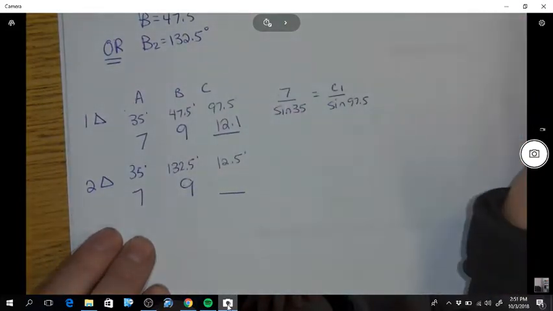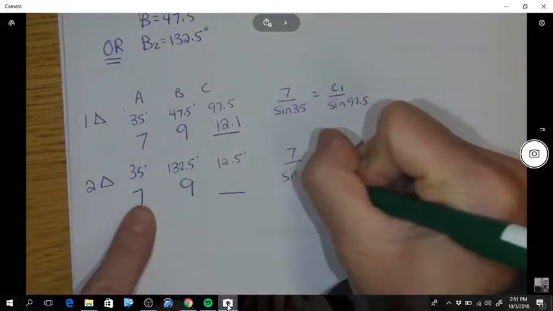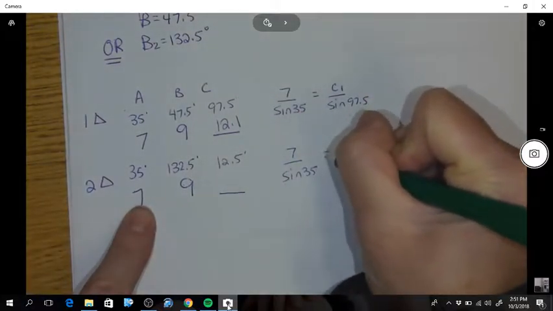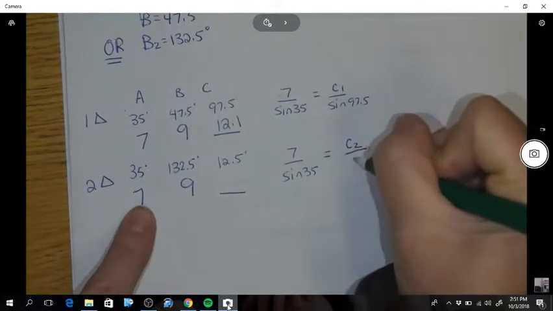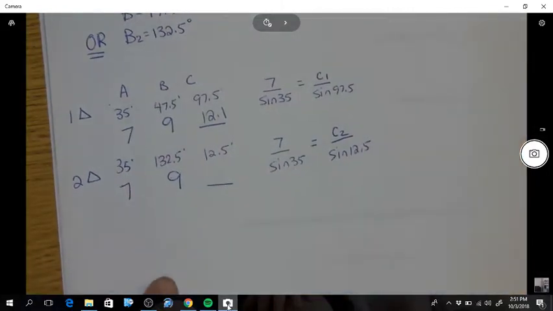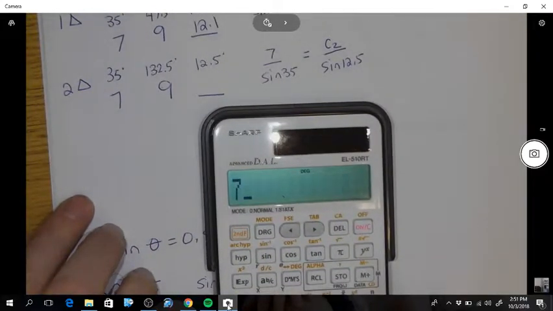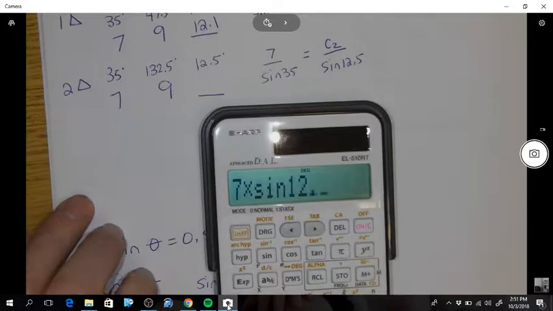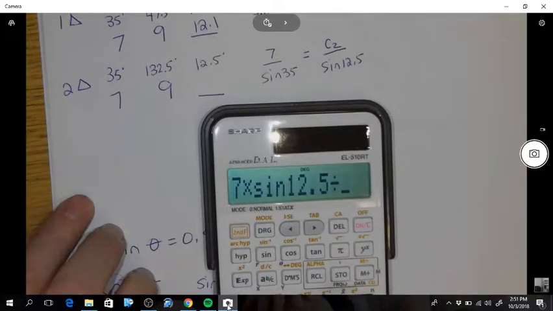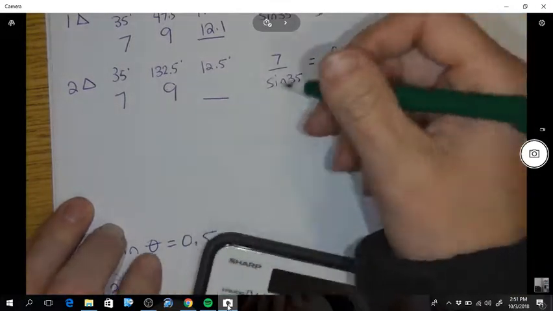So there's one of our triangles. In the other triangle, I'm going to use that 7 and sine 35 ratio, and the side C across from a 12.5 angle. So 7 times sine 12.5 divided by sine 35 equals 2.64.